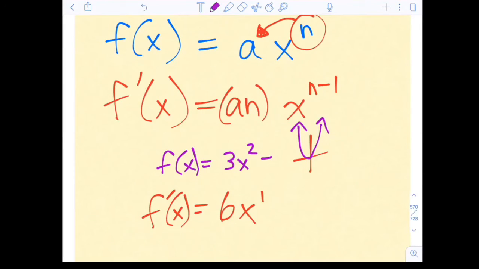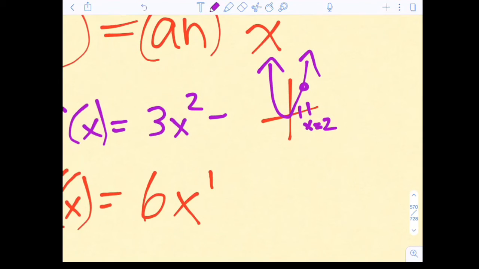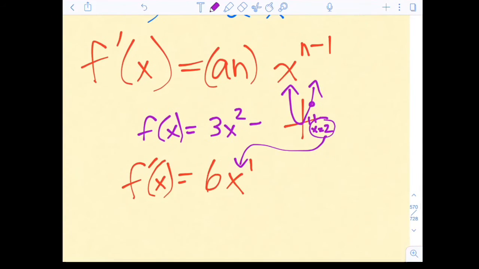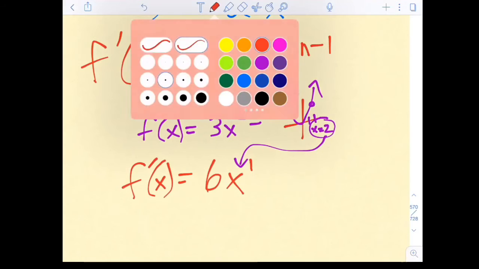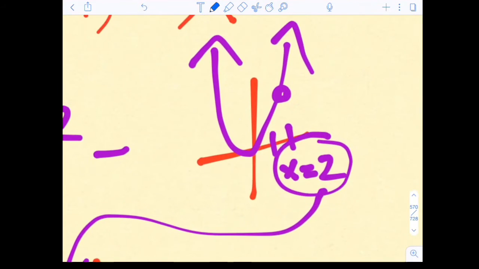If I want to know the slope at any given spot on my graph, say right here where x is equal to, I don't know, 2 for example, what I would do is take 2 and put it into the derivative formula. So 6 times 2 will be 12. The slope of the tangent to that line, I'll pick blue for example, would be 12.